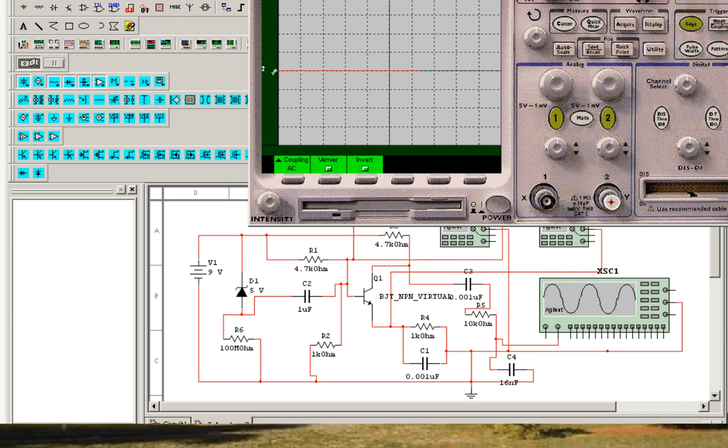Where we get the good effect for amplifying noise is with that FET. I may have to build up that circuit. Yeah, it's not working very well.